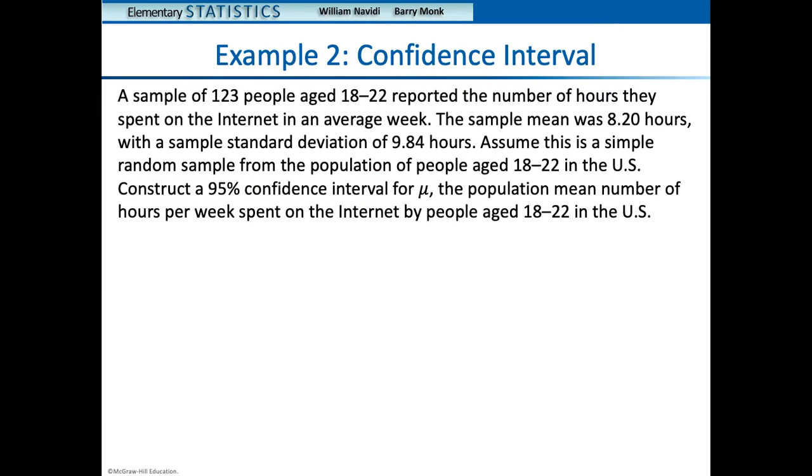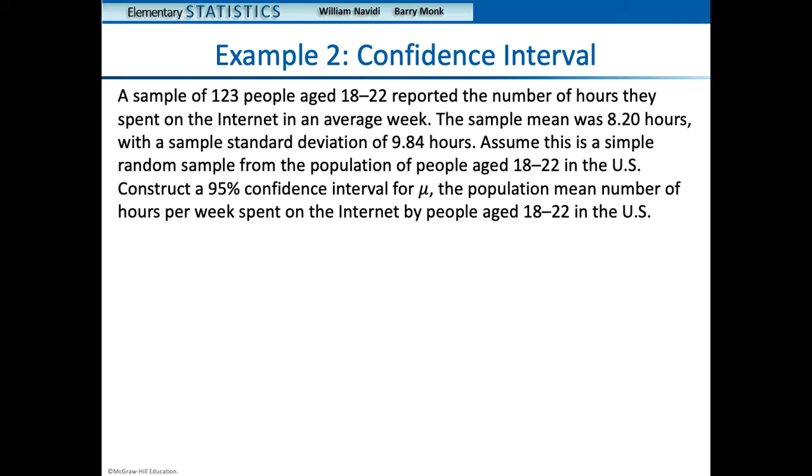Let's look at another example. In this one, we have a sample of 123 people aged 18 through 22, and they reported the number of hours they spent on the internet in an average week. And the sample mean was 8.2 hours. The sample standard deviation was 9.84 hours, right?